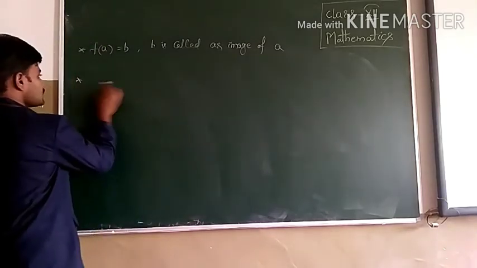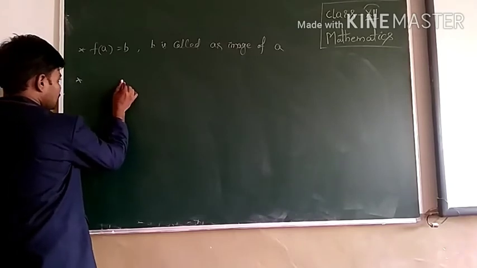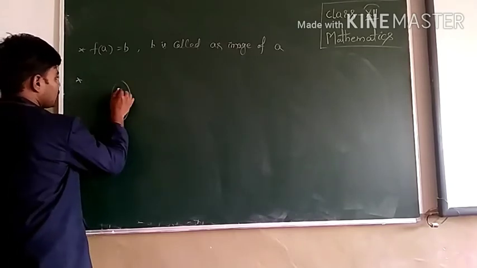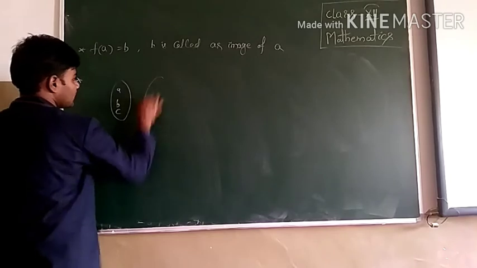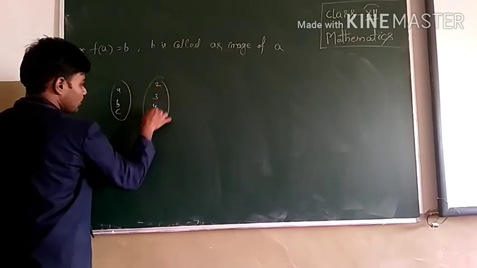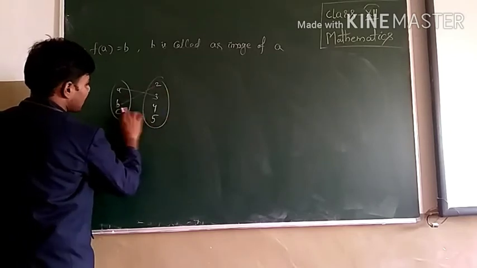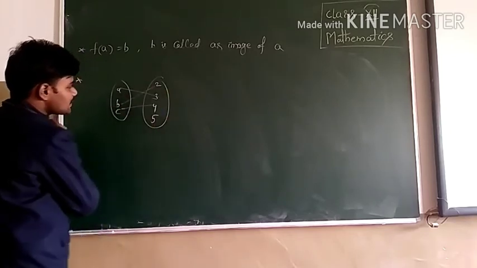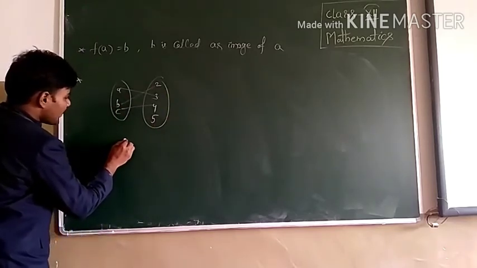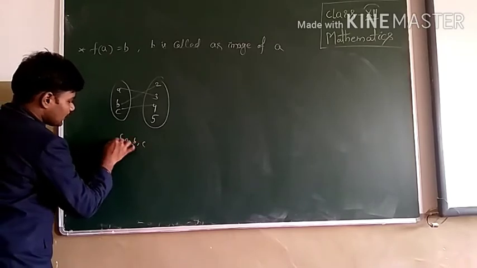Let's see. Suppose this one is A, B and C, and this one is 2, 3, 4, 5. Here the elements are mapped like this. The domain is A, B and C, right?